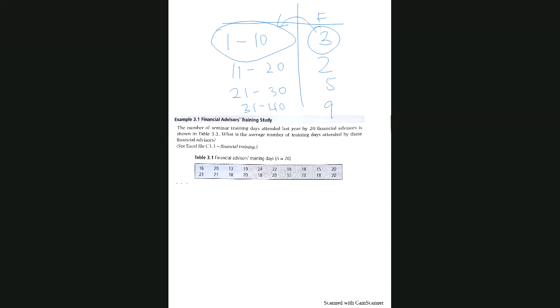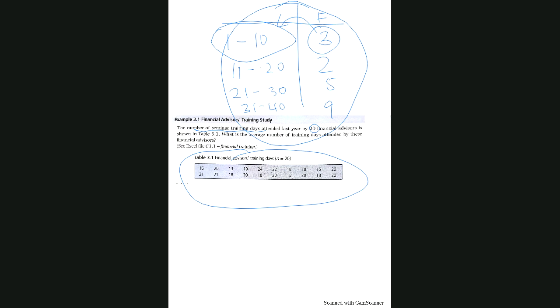I just want to start off by looking at how do we draw up something like this? Very commonly you have a question, and you might find this in your assignment as well, where you'll have data values listed out for you. Like we have here, 20 values looking at the number of seminar training days that were attended by 20 financial advisors.